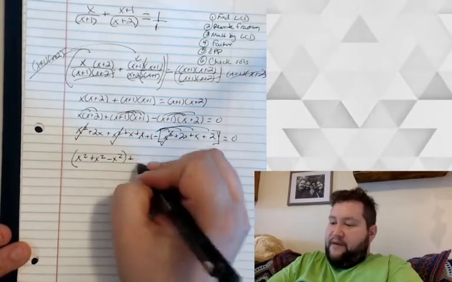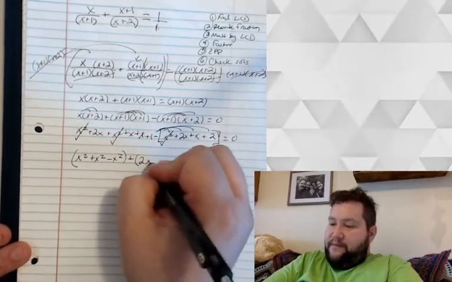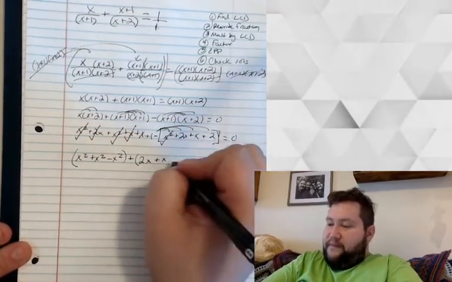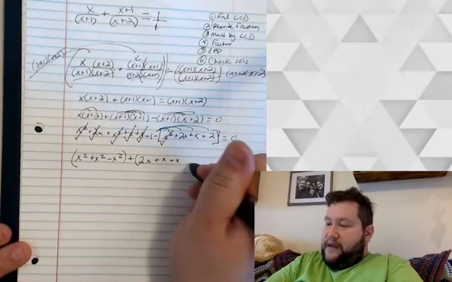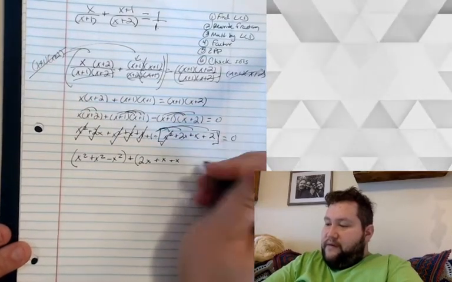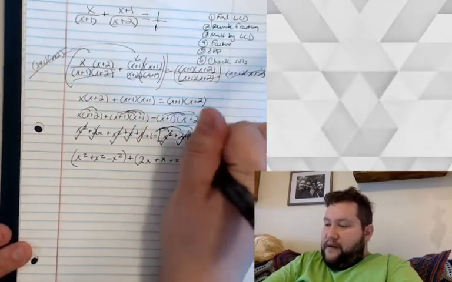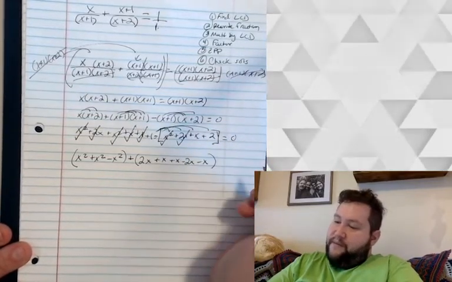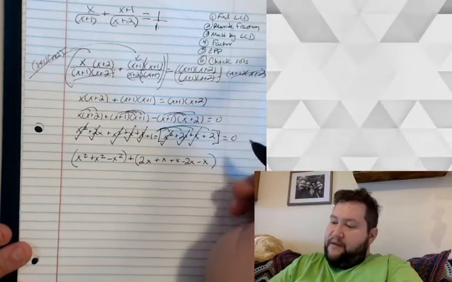Plus, now my x terms, 2x plus x plus x, negative 2x minus 2x, negative x. That's all my x terms. And then my constant terms, none here.